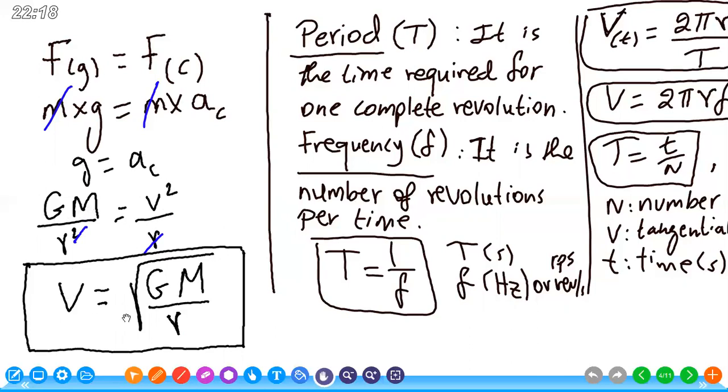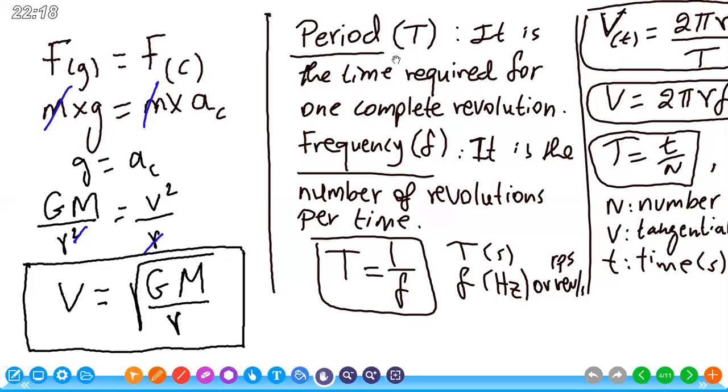So v is going to be the square root of G, which is 6.67 times 10 power negative 11, times the mass of the planet over the distance between the object and the center of the planet. So if a satellite is orbiting the Earth at a given height, I can get the distance between the satellite and the center of the Earth, for example. If I know the mass of the Earth, I can get the speed of the satellite.